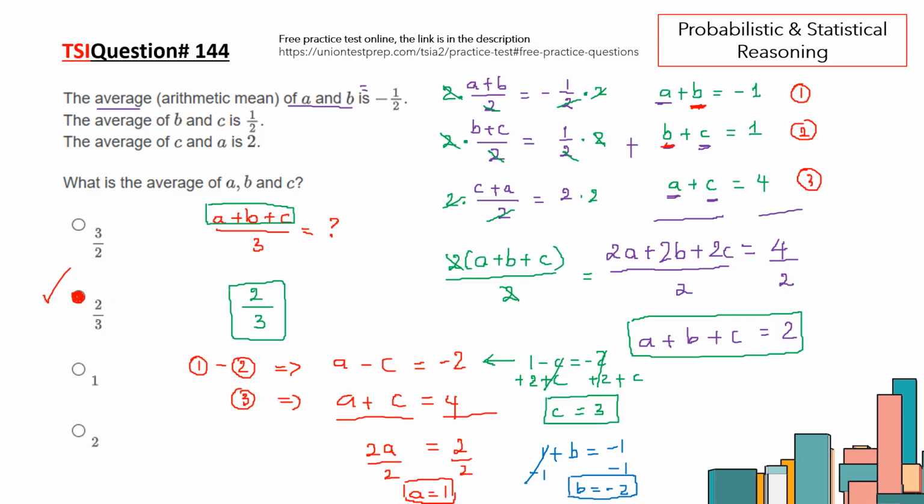Then we solve for the question. We plug in: A is 1, plus B is negative 2, so it's the same as negative 2, and then we add C, which is 3, all divided by 3. 1 minus 2 is negative 1, plus 3 is 2, so 2 over 3.